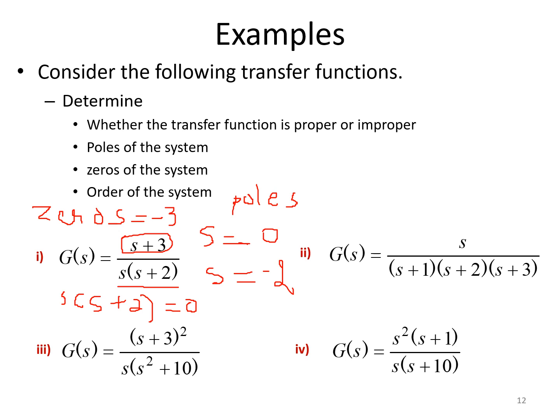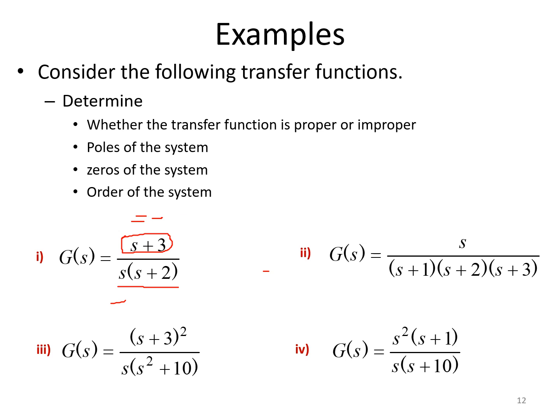The order of the system, as told in the previous slides, is equal to the number of poles, or the degree of the polynomial in the denominator. So the number of poles is equal to 2. The same thing holds good for the other examples. In the second example, we have G(s) equal to s divided by (s plus 1) into (s plus 2) into (s plus 3).